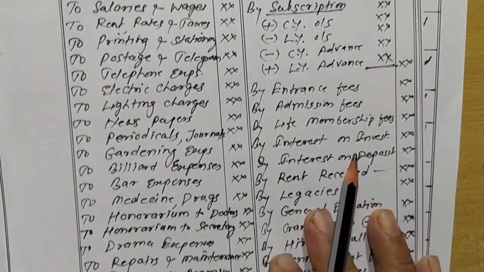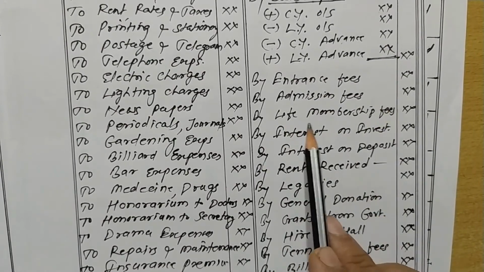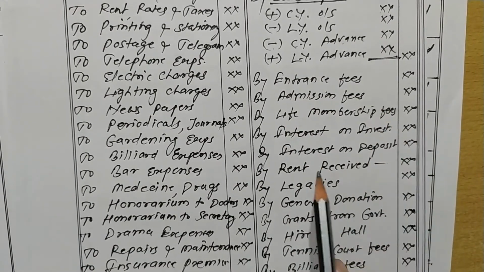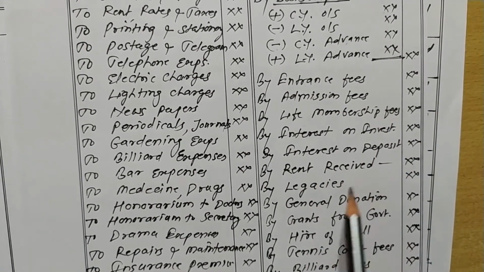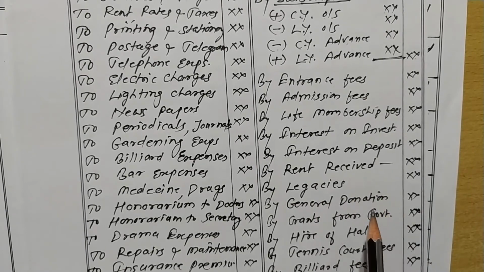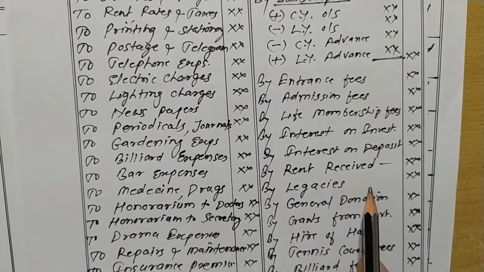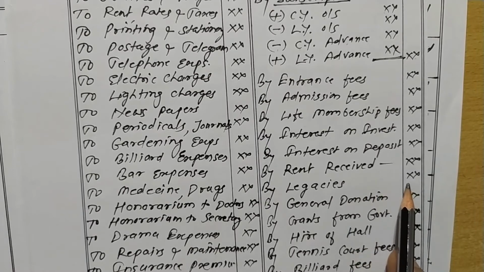Now next are the entrance fees, admission fees, life membership fees, interest on investment, interest on deposit, rent received, legacies, a donation received from a person as per his will.